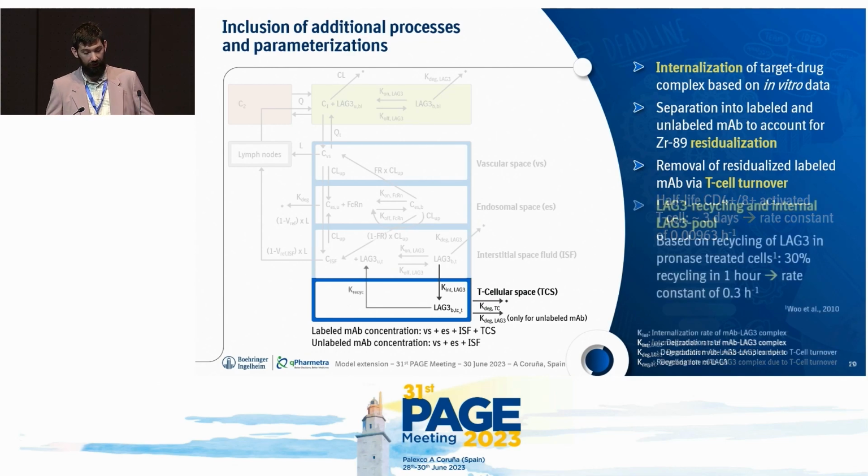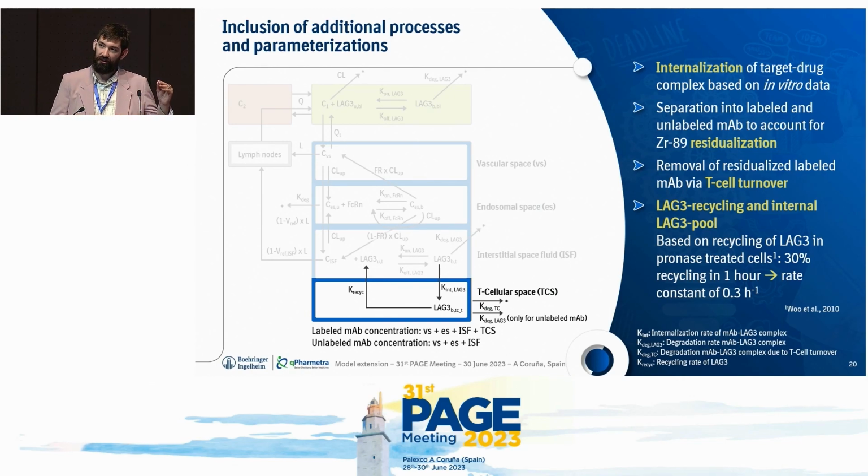Lastly, we included what I described before, the recycling of LAG3 back to the surface and the presence of an internal LAG3 pool, which allows for very rapid re-expression or translocation of the receptor, with a rate constant of 0.3 per hour.